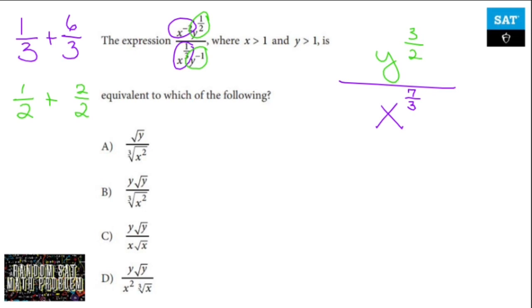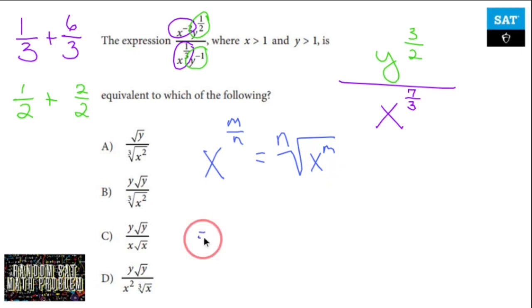Now another fun rule is if you have a fraction for an exponent, this is what I meant when I said we'll deal with it in a second, and then I changed it to a minute. If I have x to the m over n, it is the same as the nth root of x to the mth power.